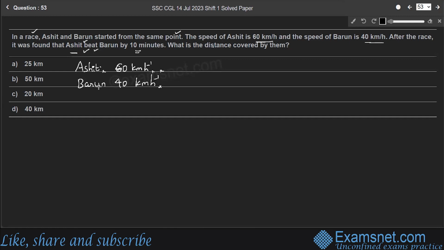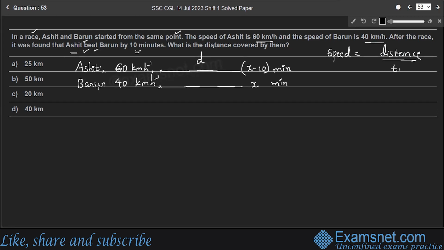So we'll consider X minus 10 minutes as the time taken by Ashit and X minutes as the time taken by Varun to cover some distance. Both of them have covered the same distance. Let D be the distance covered by them, right? So here we are using the concept of speed, which is equal to distance by time.